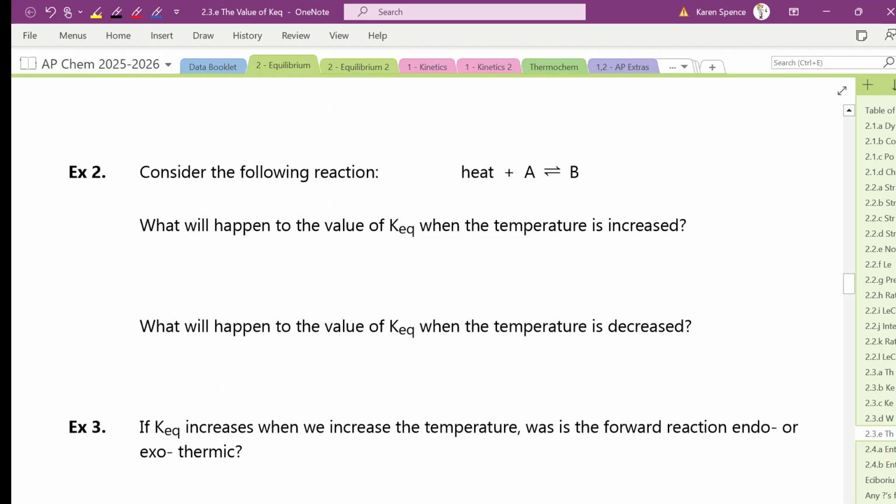All right, why don't you try example number 2? And we've not given you any states here, so let's assume they have concentrations.